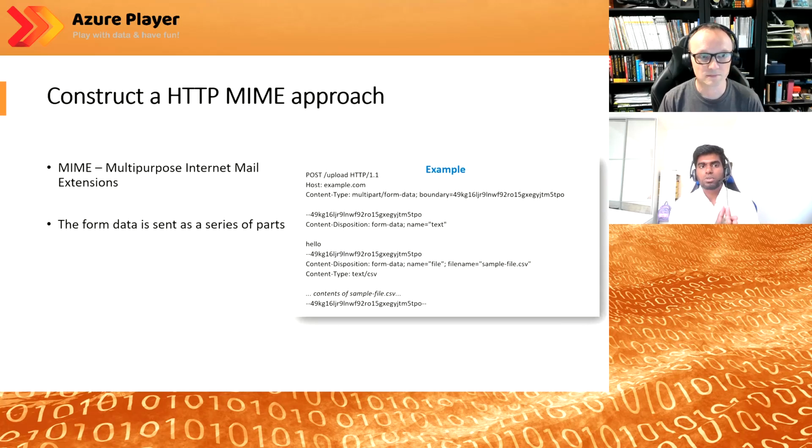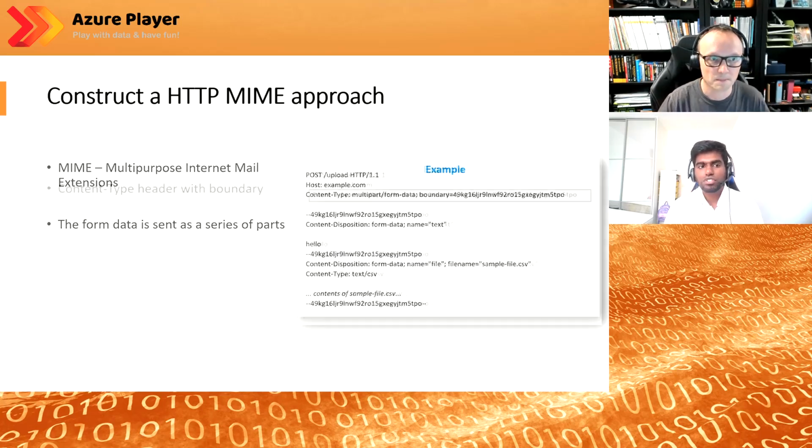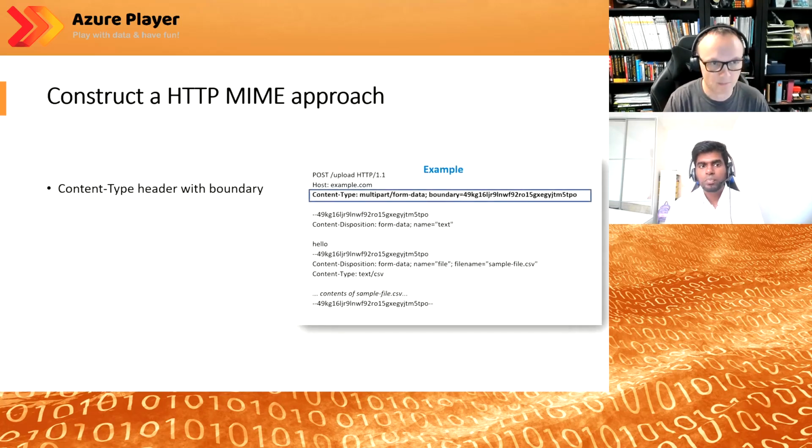So before we move on, with this approach, what we want to understand is we need to construct an HTTP MIME request. What you're seeing right now on the screen is an example of how this MIME request is constructed. It has a series of parts.